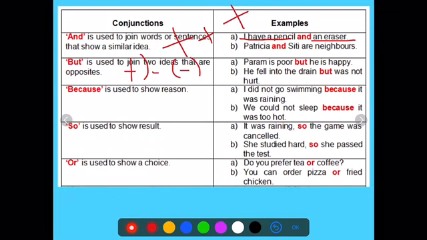So here we have a reason why I didn't go swimming: because it was raining. Why I couldn't sleep? Because it was too hot. So always to give a reason, an explanation for something. So I'm gonna write here explanation.